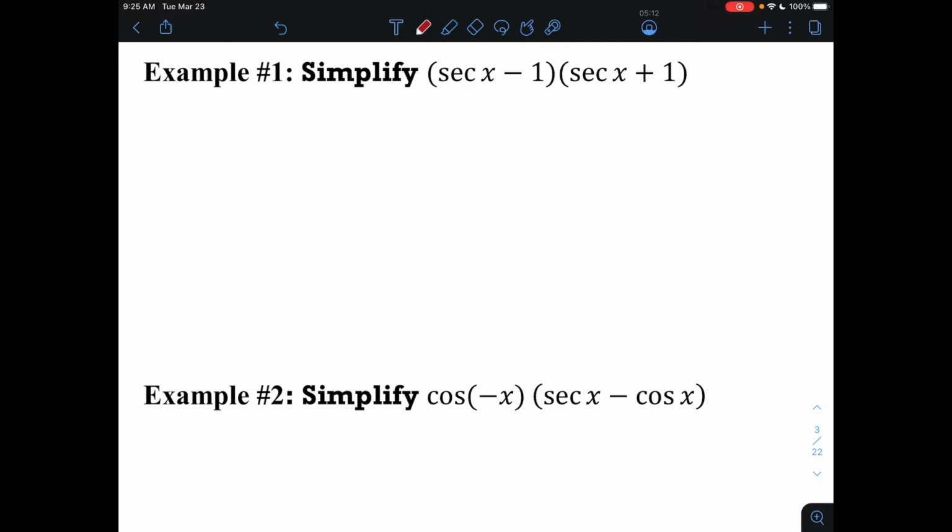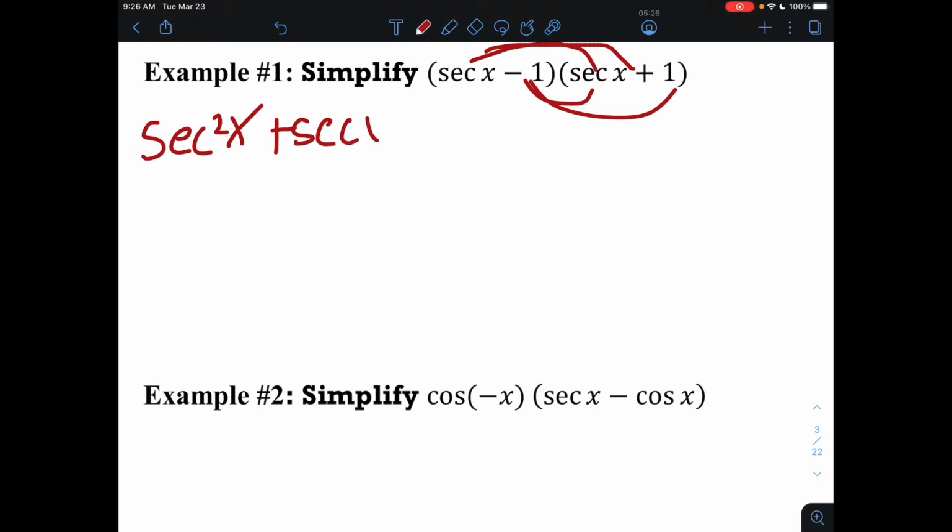So foil, so distributing. Secant times secant is secant squared. Secant times 1 is secant. Negative 1 times secant is negative secant. And then negative 1 times 1 is negative 1.